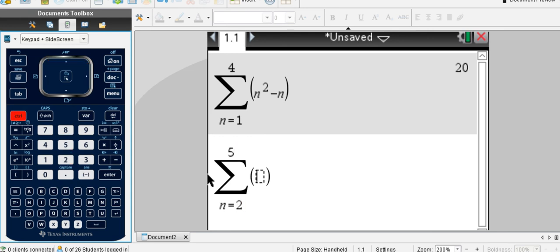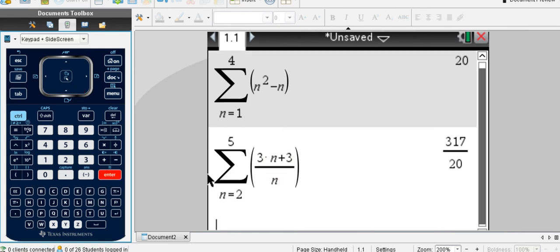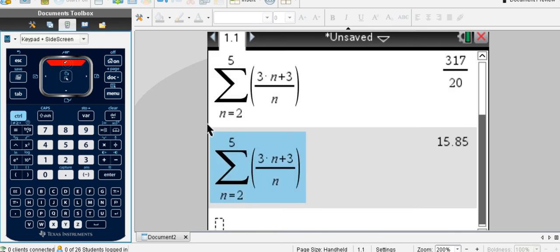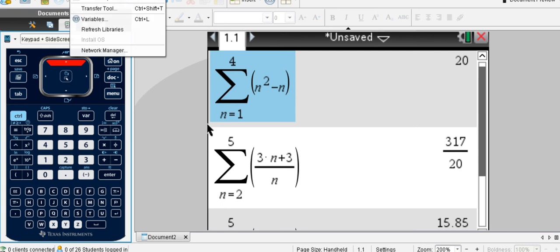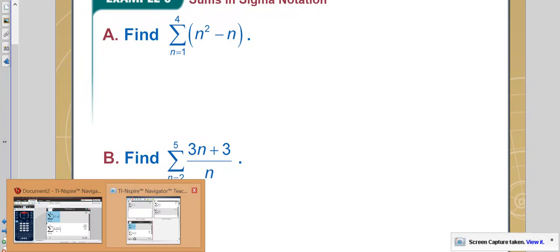And the equation was 3n minus 3, I believe, plus 3 all over n. In this case, we get the value of 317 over 20. You can press Control Enter to get it as a decimal, and there we see all of our values given there. So I'm going to take this back over here, and we'll put our answers.